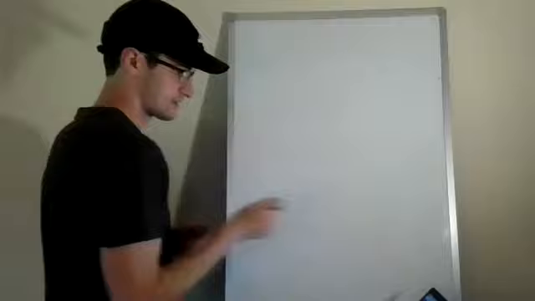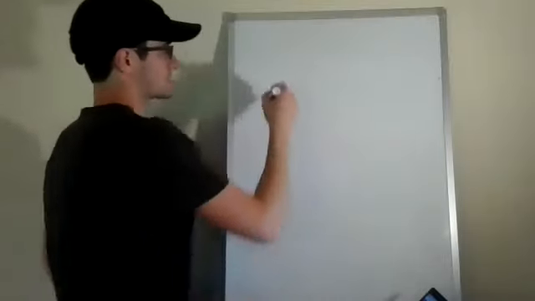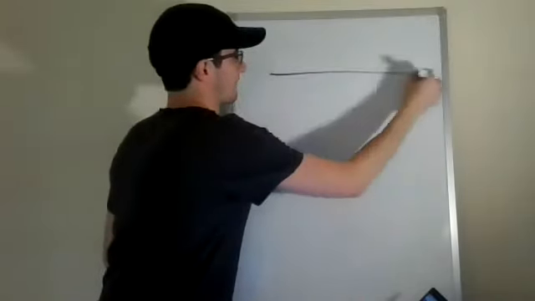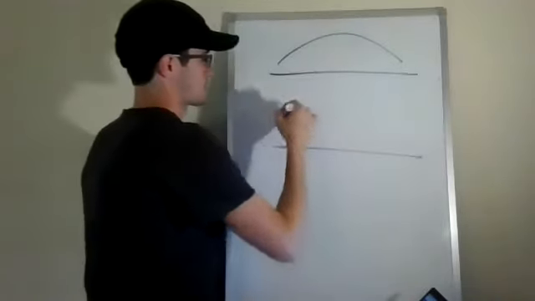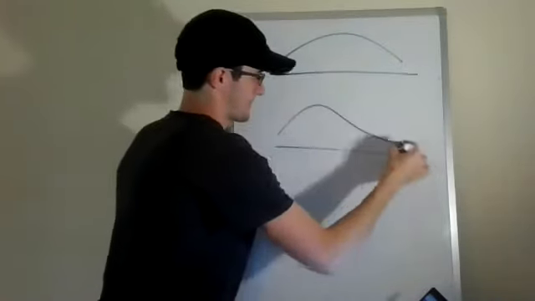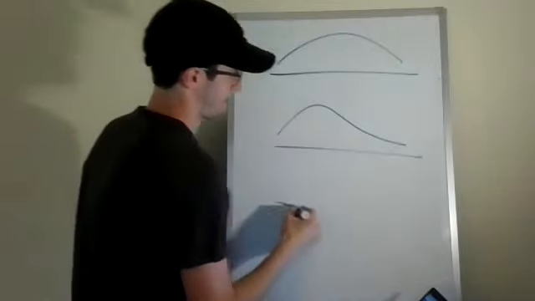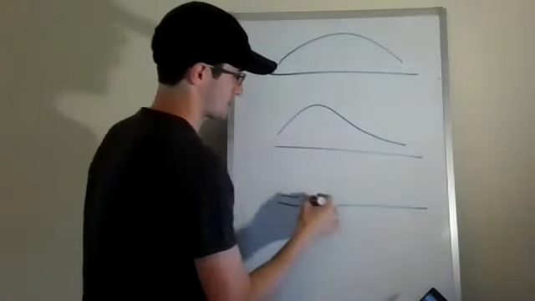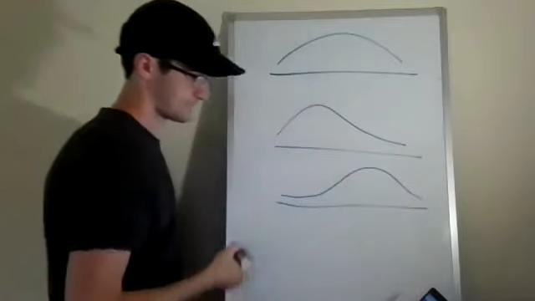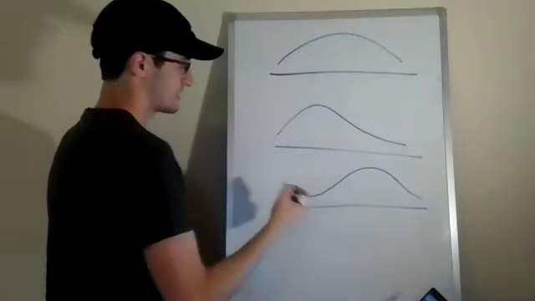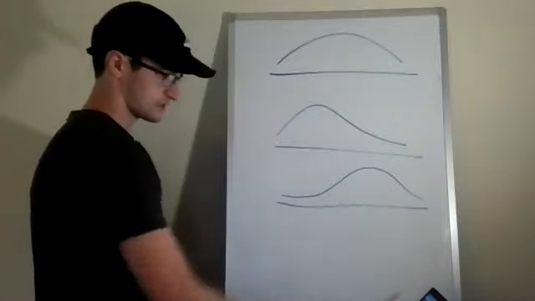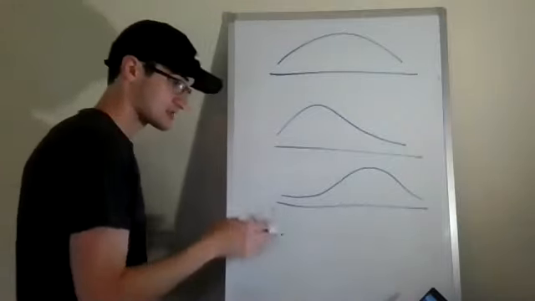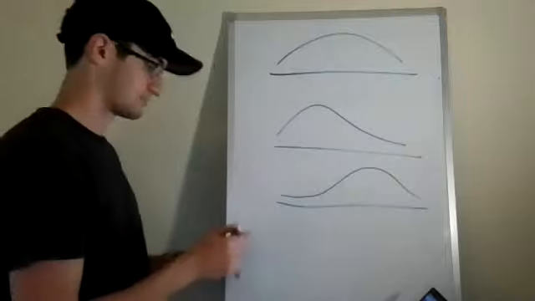Last thing. If we had a list of numbers, there's a couple different ways things could be shaped. Now, I'm actually going to do this with the histogram. If you look there, it has the histogram, the dot plot, and the box plot.